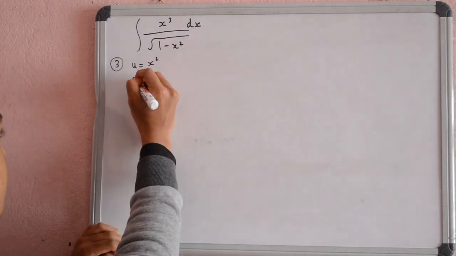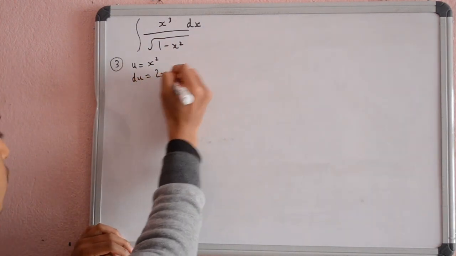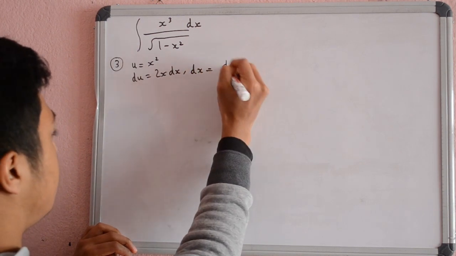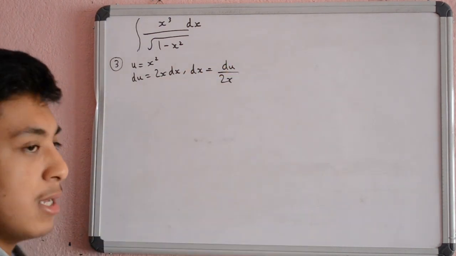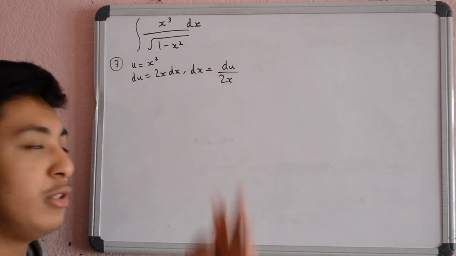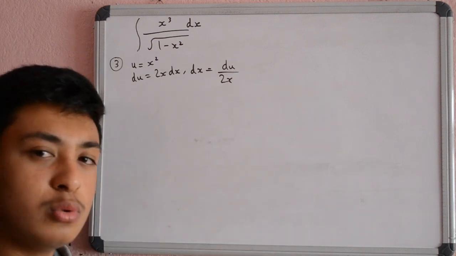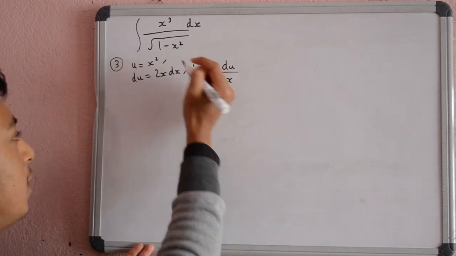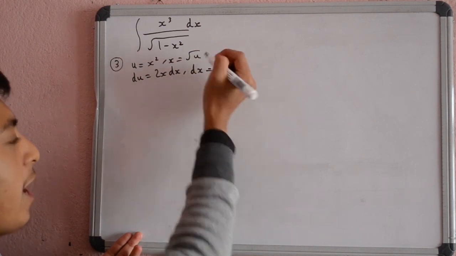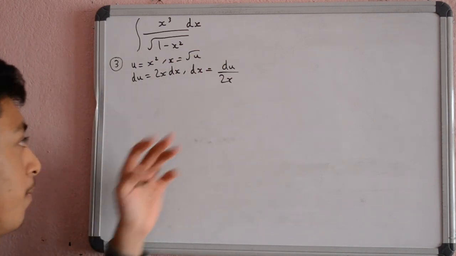So differentiate both sides, we'll get du equals 2x dx, and dx will be equal to du by 2x. But we don't want to see the x with du. We want to see u with du. So let's just put x in terms of u. So from here, easily x will be equal to root u.